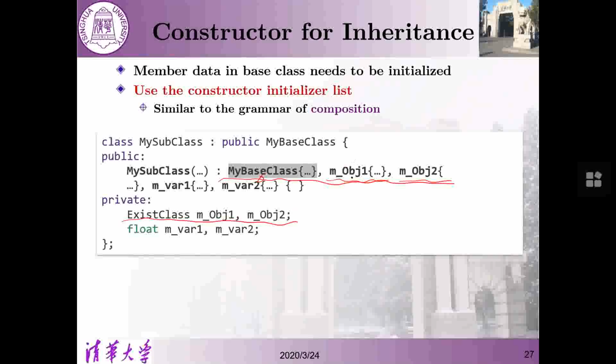So for both composition and inheritance, the constructors will be initialized in the constructor initializer list, or member initializer list. Okay, then this is simple grammar.